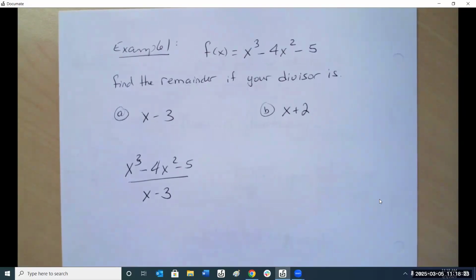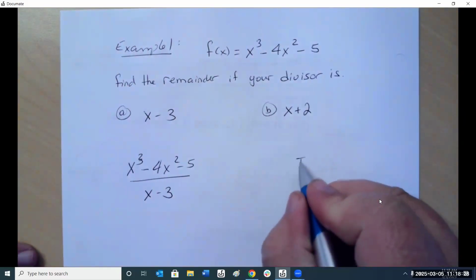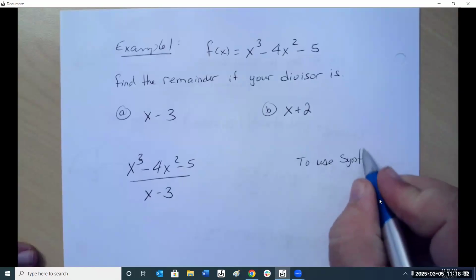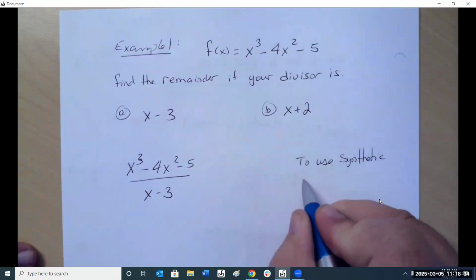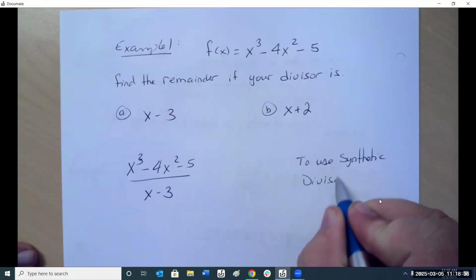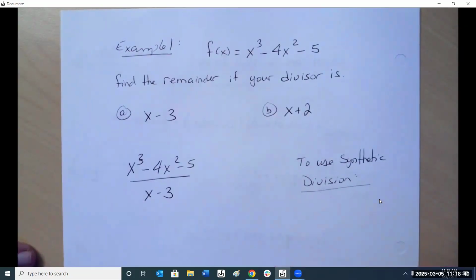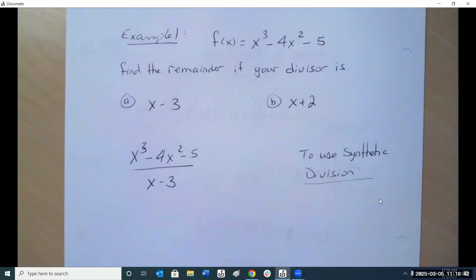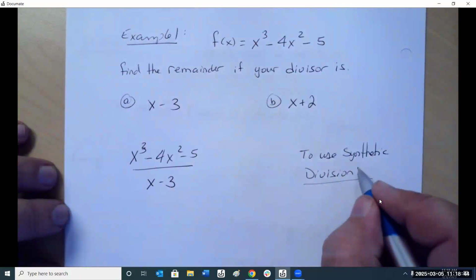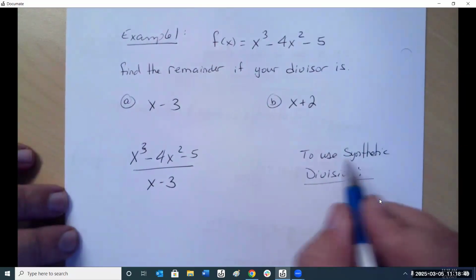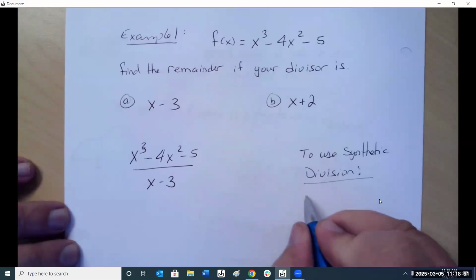To use synthetic division, what has to be the condition? Don't they all have to be divisible by that number? Not really. But I see why you think that, if it was a perfect solution, yes. But in order to use it, there's only one condition we have to have.